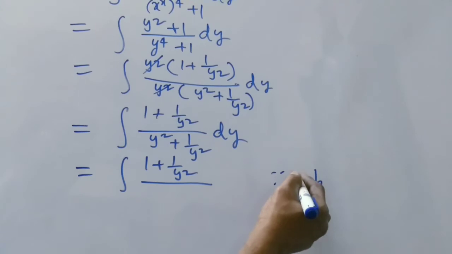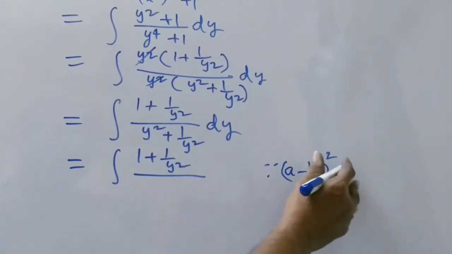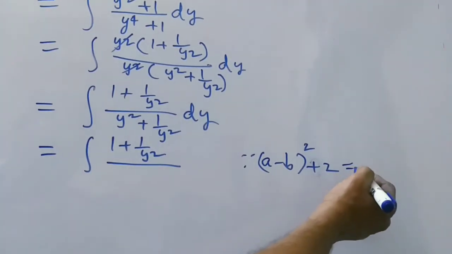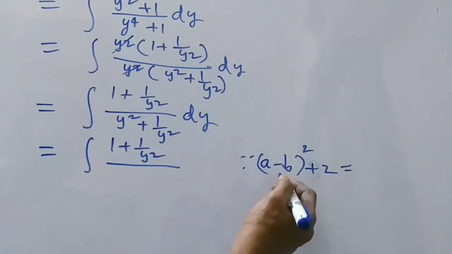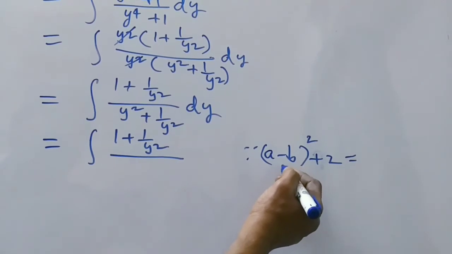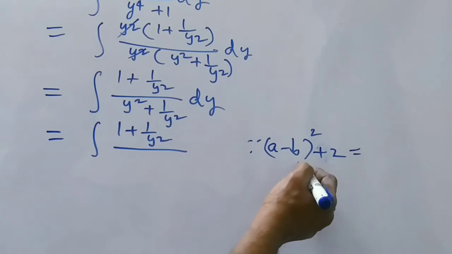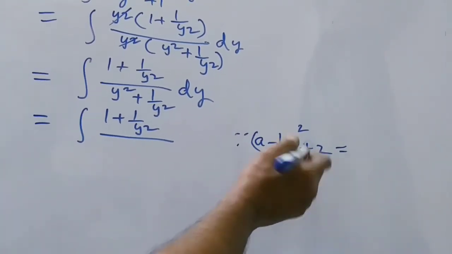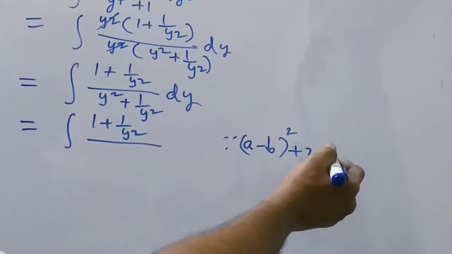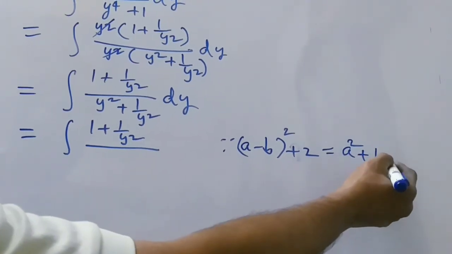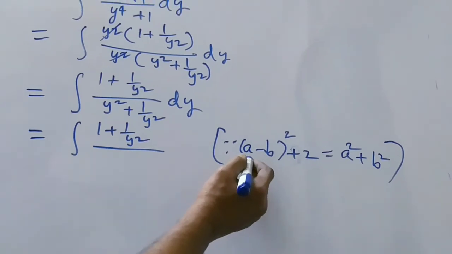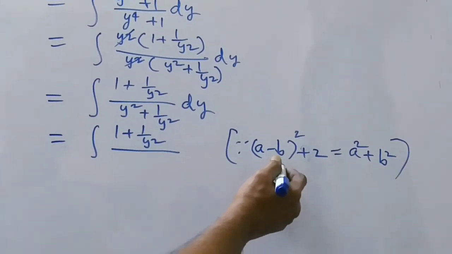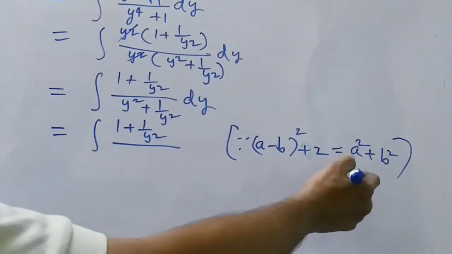Since a minus b whole square plus 2ab equals a square plus b square, that means a square plus b square minus 2ab, with a equal to 1 by y and b equal to y, gives y minus 1 by y whole square plus 2, which equals y square plus 1 by y square.